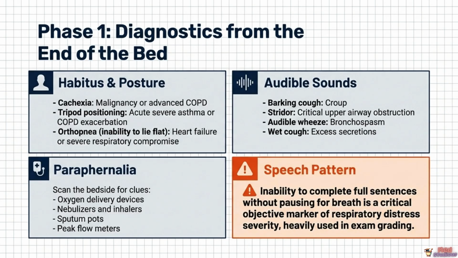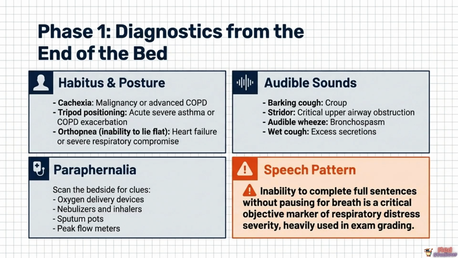Orthopnea, the inability to lie flat, points toward heart failure or severe respiratory compromise. Scanning the bedside itself for paraphernalia is equally revealing. Oxygen delivery devices, nebulizers and inhalers, sputum pots, and peak flow meters all offer clues about chronic disease and current severity before a single question is asked.